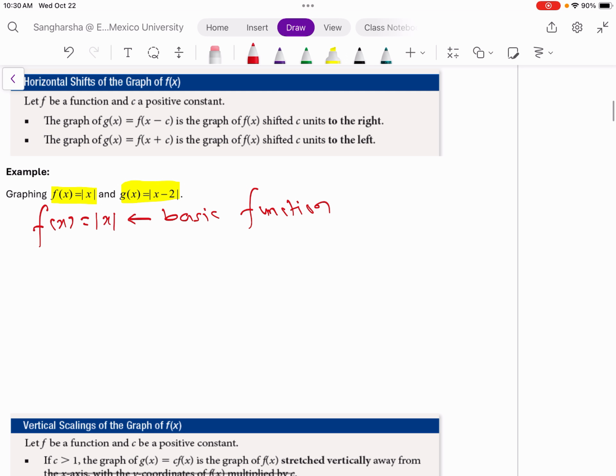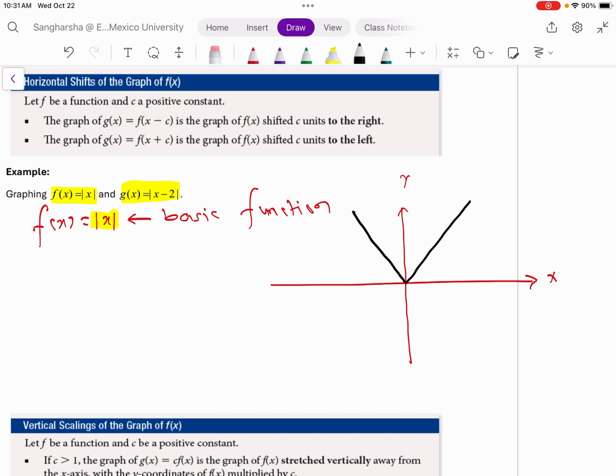So let's start with the graph of the basic function. Our basic function is absolute value of x. It means we have a v-shaped graph. So you draw a v-shaped graph at the origin, and this is our f of x equals absolute value of x.